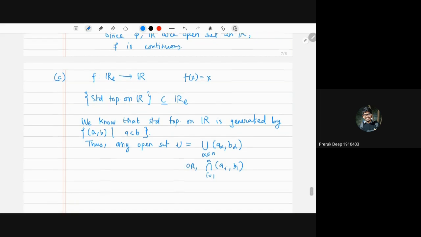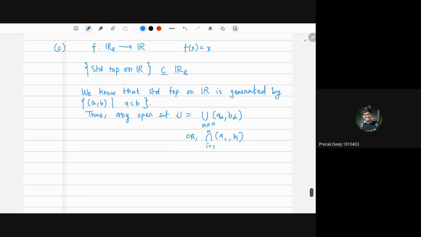So we only need to look at the pre-images of these intervals, and show that these pre-images are open in R_L.